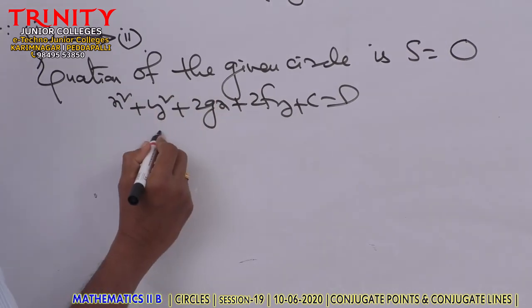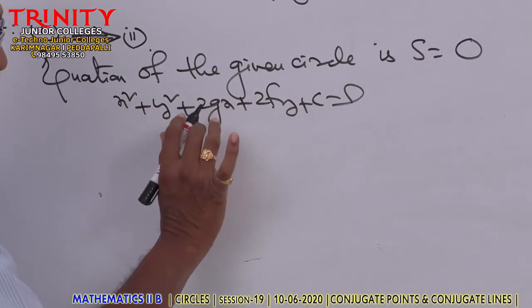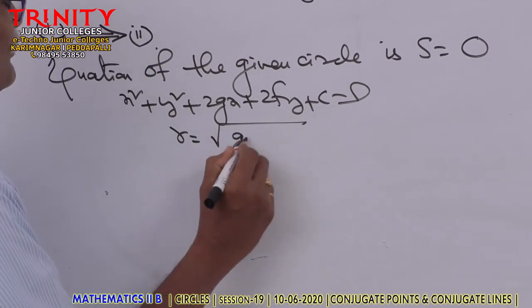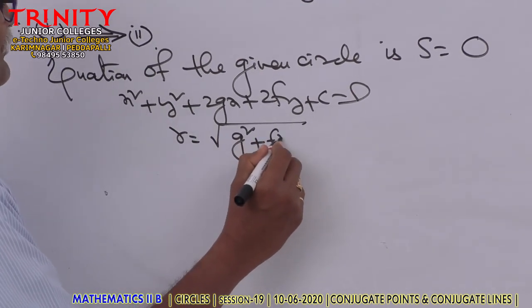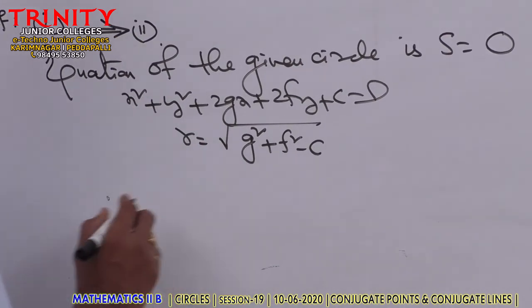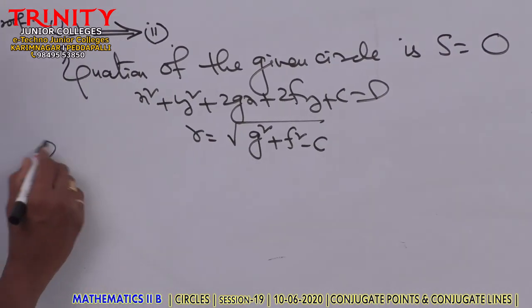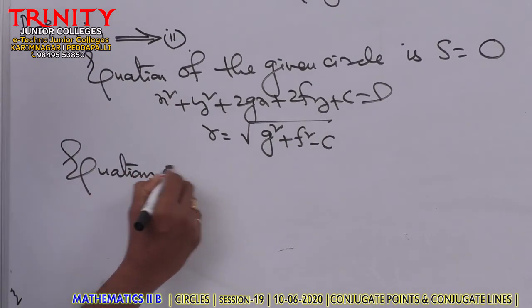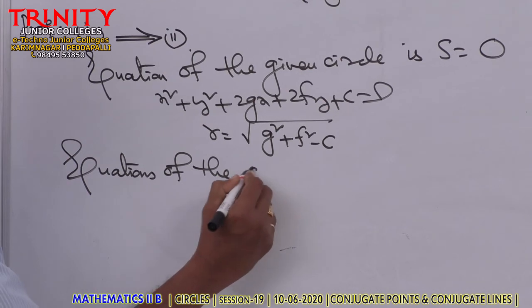Its center is minus g comma minus f and radius is square root of g square plus f square minus c. Now, equations of the given lines.